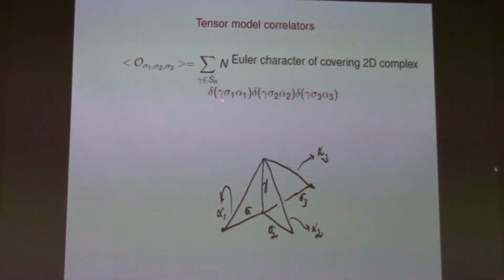So you're counting a whole bunch of permutations subject to some conditions that some products multiply to 1. So it's a very generic thing that whenever you have sums like that, they are kind of counting. You can associate to this a counting where each of these permutations is associated with a path in a 2-complex, and the conditions that certain things multiply to 1 has to do with certain paths forming closed cycles.